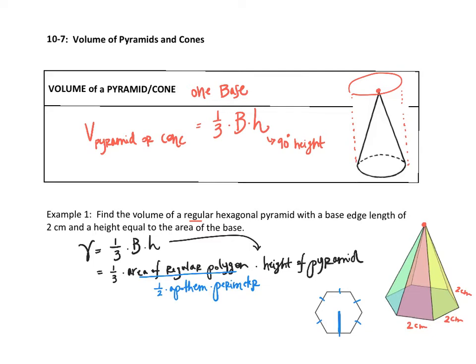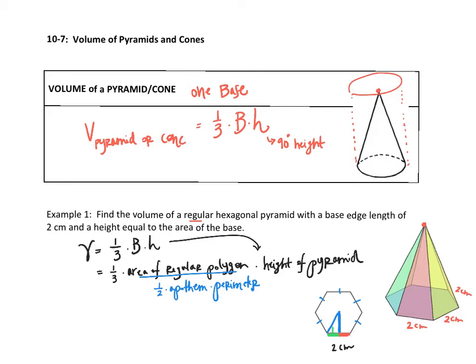Okay, well, there's a few things I know. I'm going to highlight this in red. I know that this red length right here is 2 centimeters. So when I cut it in half, that means this green portion is 1. Now I'm going to draw in some lines to help us out.